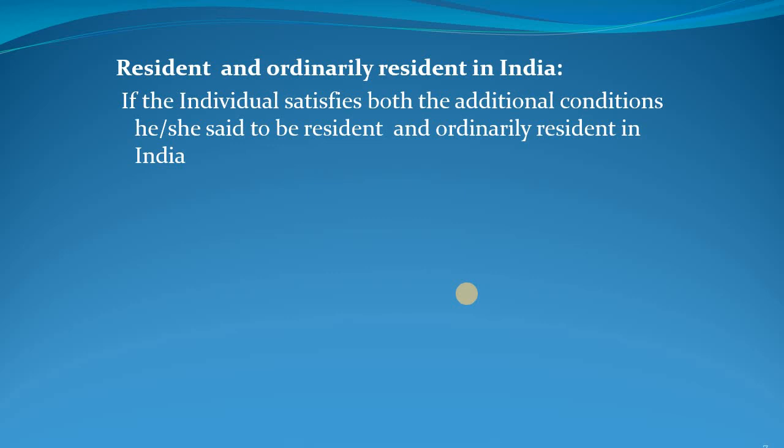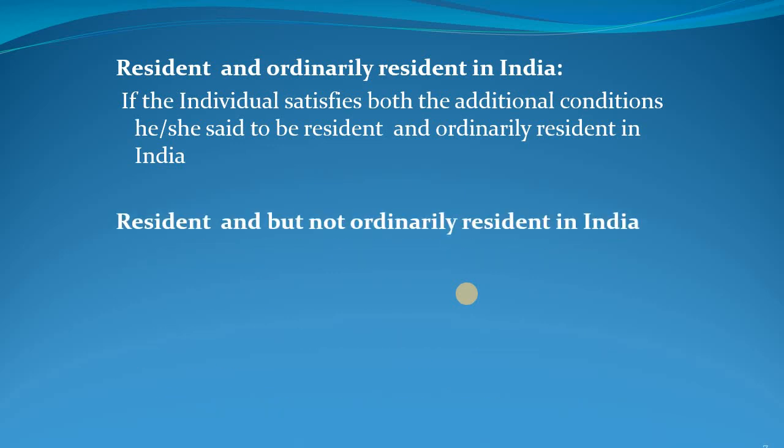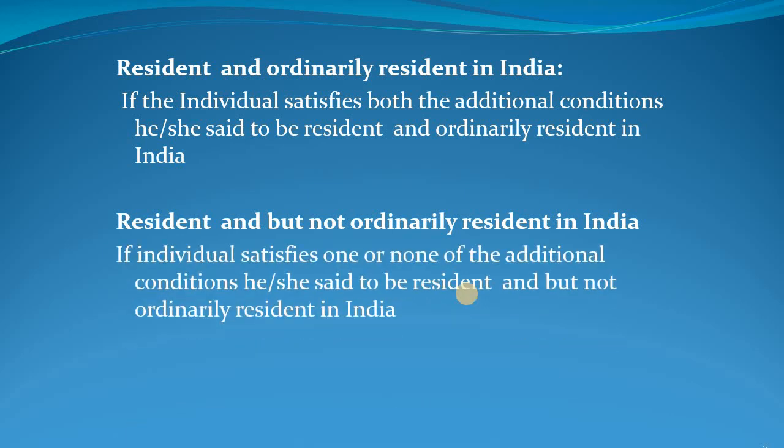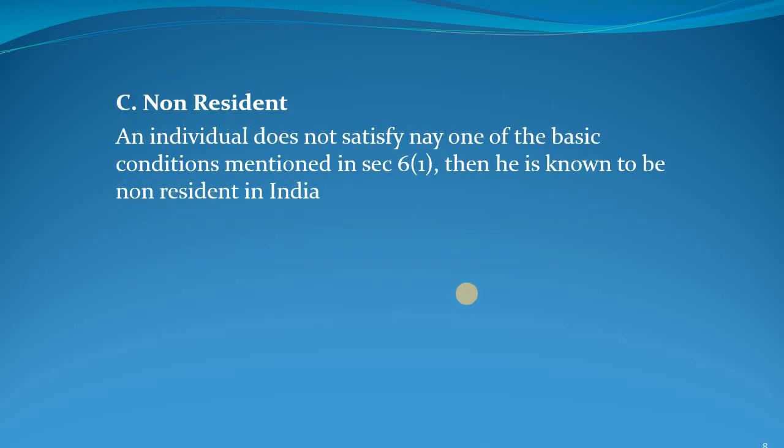If he does not qualify both the additional conditions or satisfies any one, then he is considered a not ordinarily resident. So this is very important, ordinarily resident and not ordinarily resident. Ordinary resident in the sense he fulfills both the additional conditions, and not ordinarily in the sense he may fulfill either one or may not fulfill both also. Then he becomes not ordinarily resident.